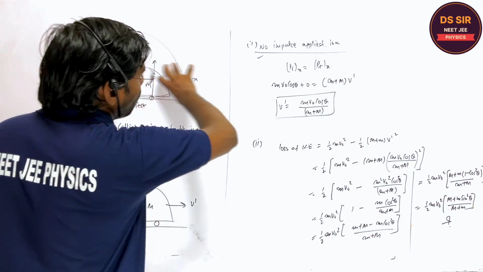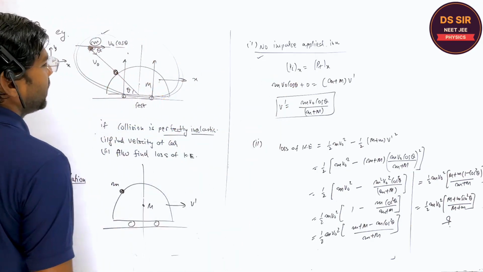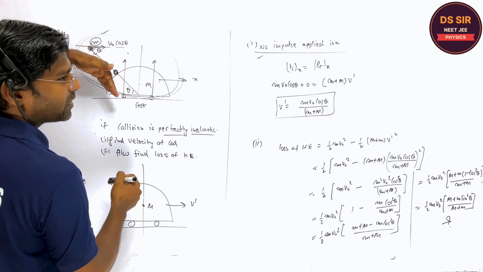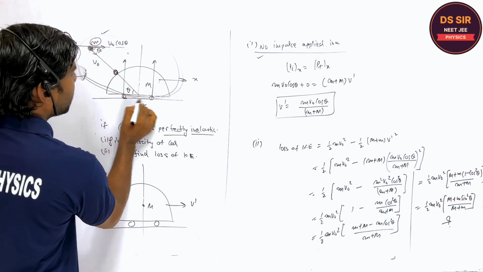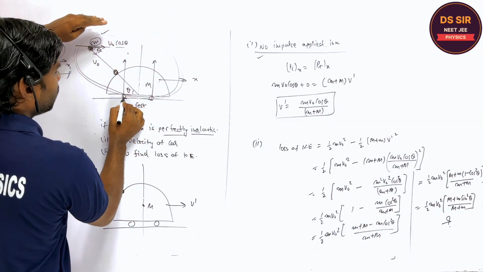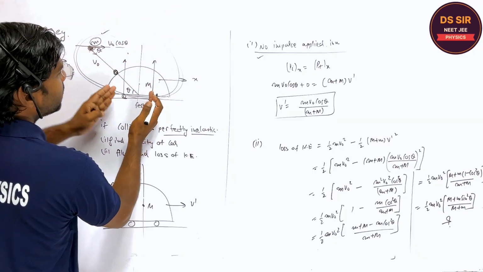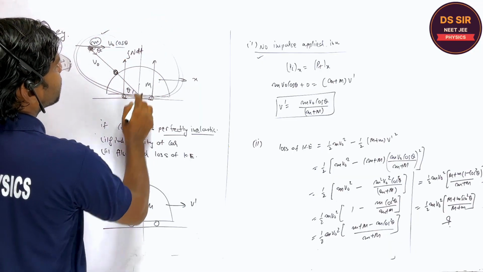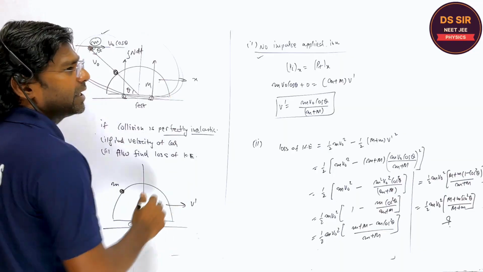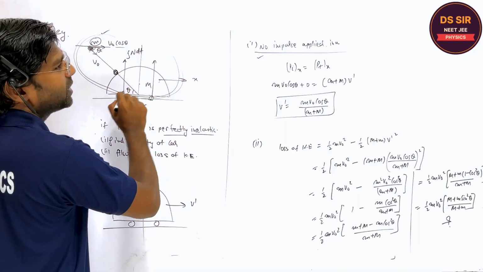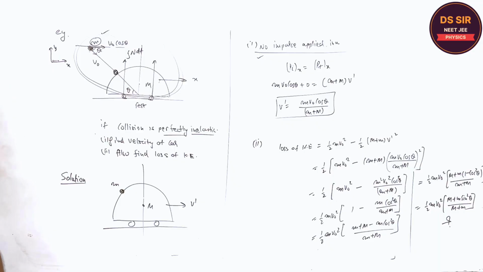So no impulse is applied in the x direction. Listen, when something hits, where is the impulse applied? The impulse will be applied on the tire of the trolley in this direction. So this is the normal you can consider, right? No impulse in the x direction.